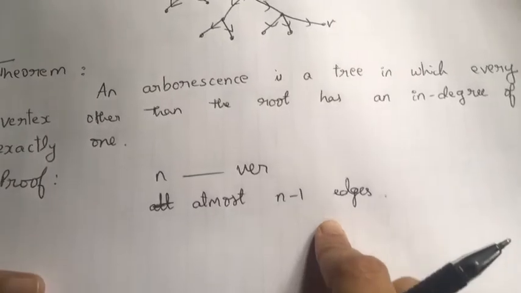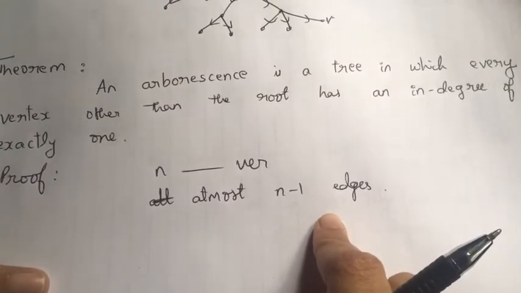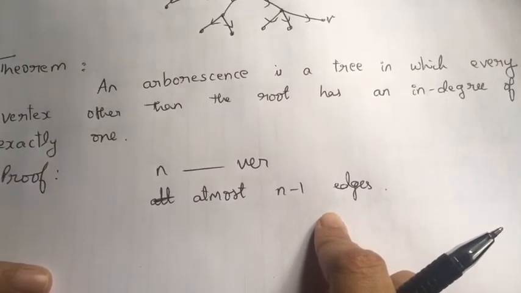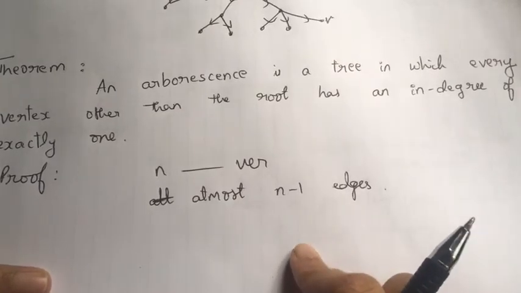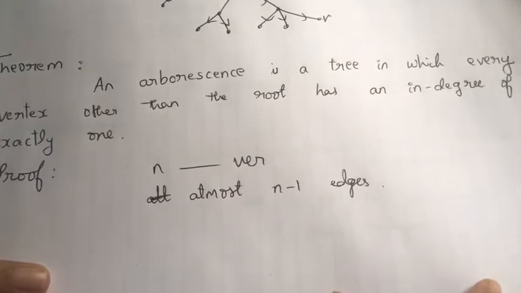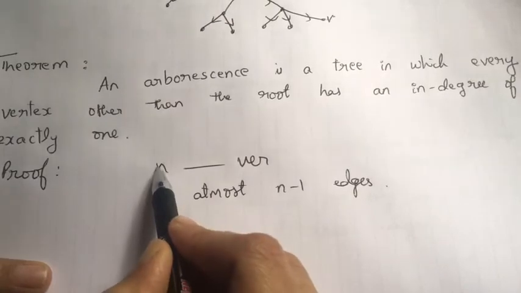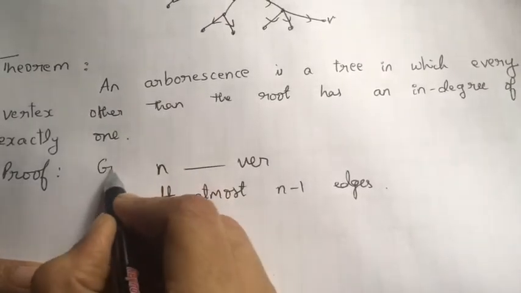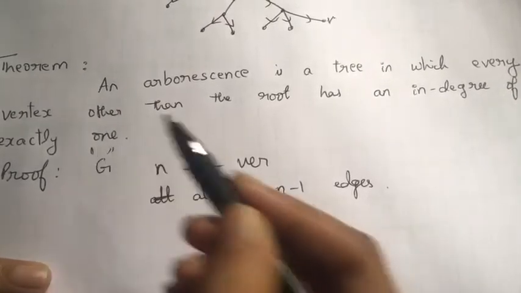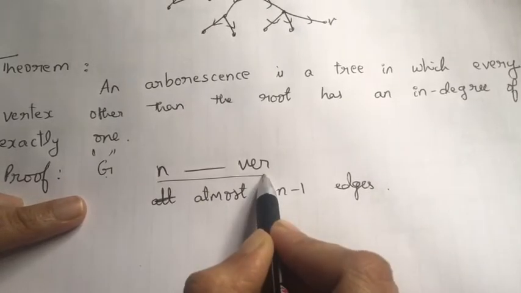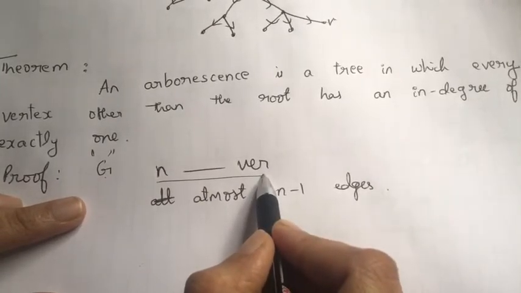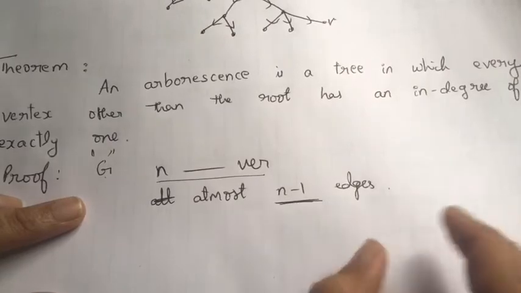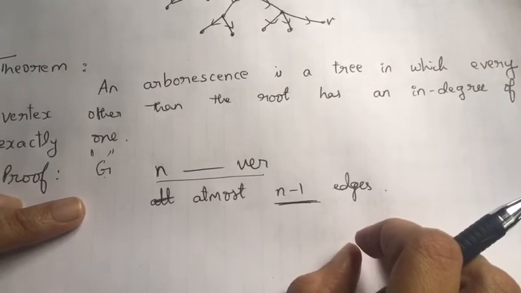Therefore, when I take the sum of all the indegrees of these n vertices, that must be less than or equal to n minus 1. Since it's circuitless, graph G, suppose I consider this, has n vertices, and since it is circuitless, it can have at most n minus 1 edges.